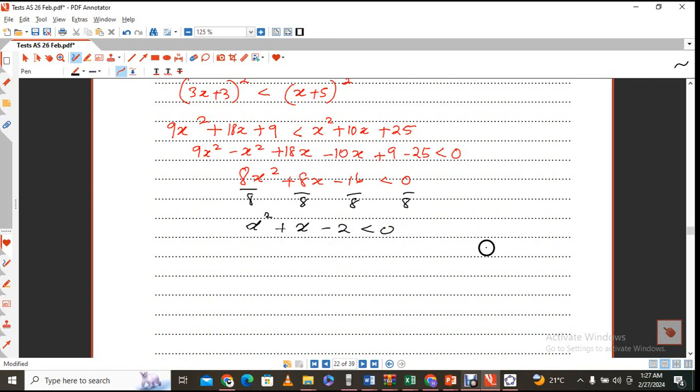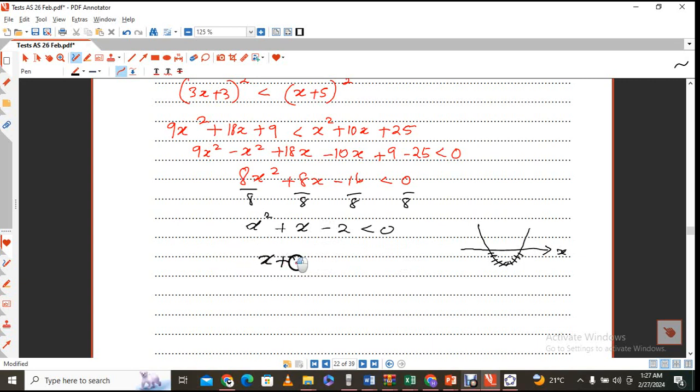From here, if you were to sketch the graph, you would notice that the graph has a minimum point, and for less than, we are looking for solutions below the x-axis. But the roots will be excluded. So in this particular case, solving this becomes quite straightforward.